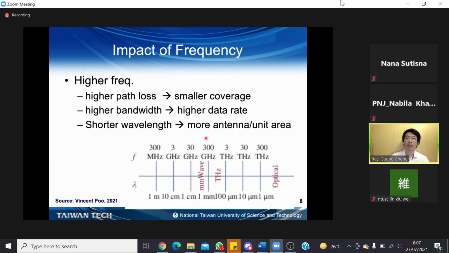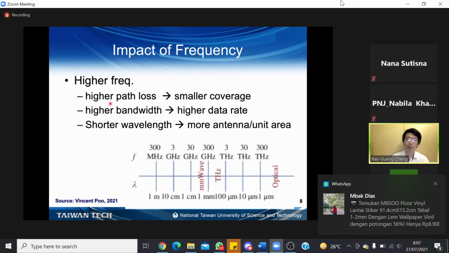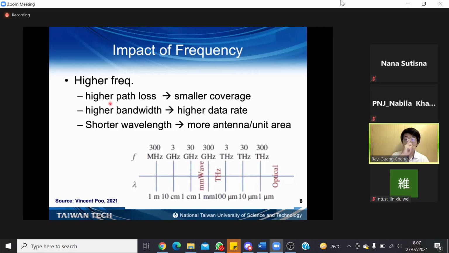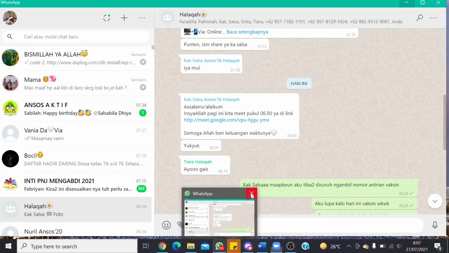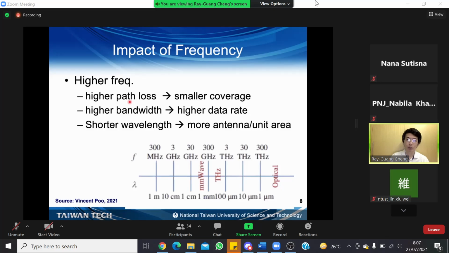What's the impact of the frequency band? As we mentioned, for high frequency, on the first day, we showed you the propagation model. Professor Trier also showed you the channel model. The major challenge for higher frequency is that they will have a higher path loss.